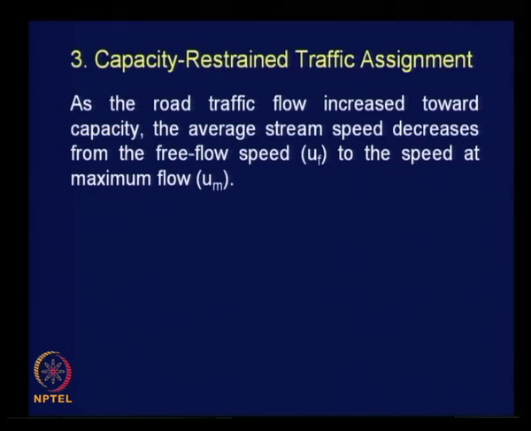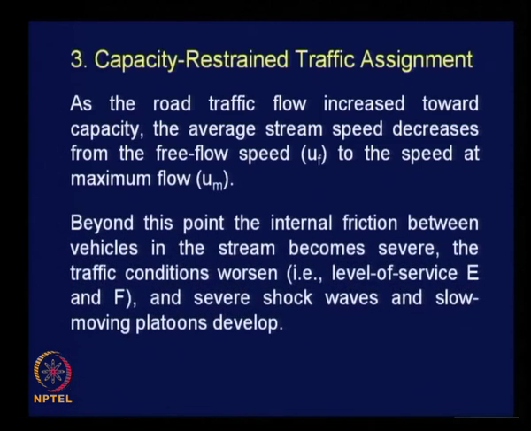As the road traffic flow increases towards capacity, the average stream speed decreases from the free flow speed to the speed at maximum flow. It changes from UF to UM, M standing for maximum flow.